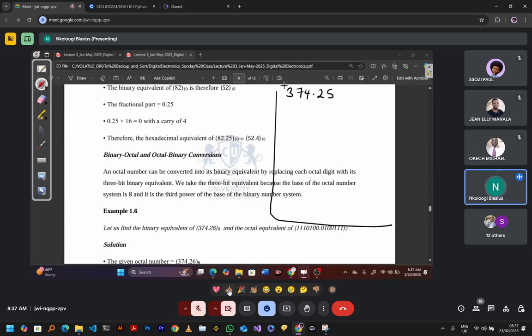So you see, it has a fraction part and an integer part. So we said that we deal with grouping. So we are going to group in threes, but first of all, convert each individual digit that you see there into binary. Then later you group your threes, both for the fraction part and for the integer part.